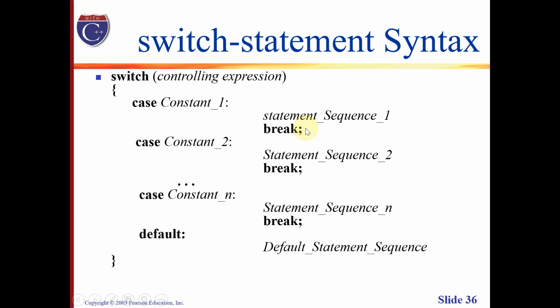For instance, if all the statements under case 1 have been executed, then when our compiler sees the break statement, it will get out of our switch block. Otherwise, it will proceed with the succeeding statements, which is incorrect. So therefore, including a break statement at the end of each case is important and is actually required.